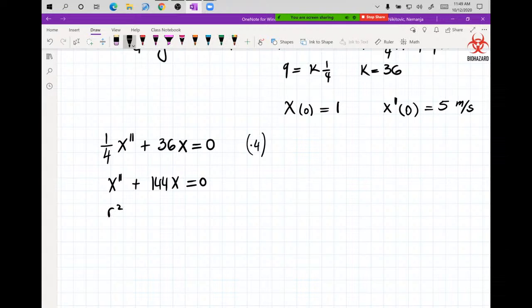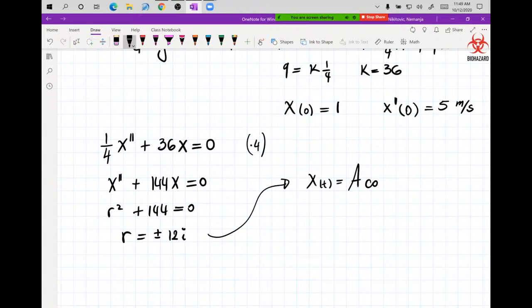Now, r squared plus 144 equals 0, and r equals plus minus 12i. That gives us our initial general equation, right? X of t equals a cosine 12t plus b sine 12t.